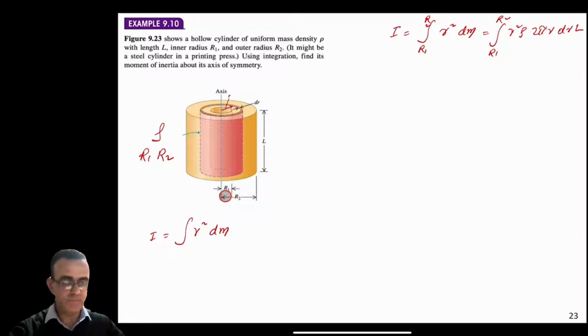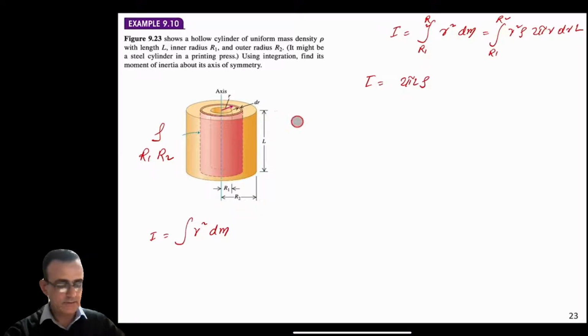So I will become equal to 2 pi L rho, since these are common.